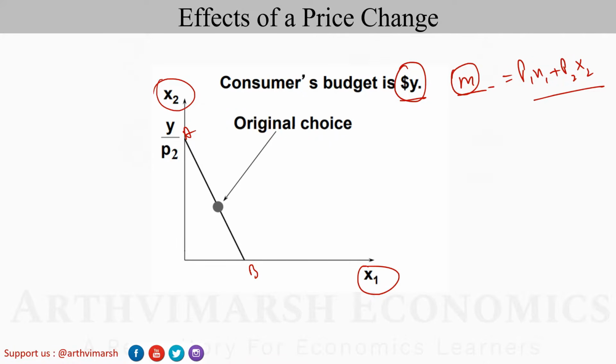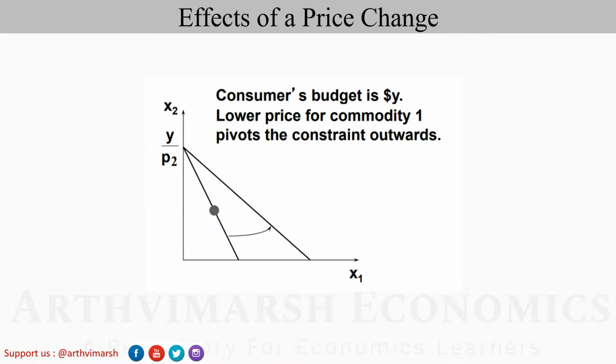So we have this original setup where our optimal choice is at a point like this on the budget line. Simultaneously, when the price of the X1 commodity decreases, we witness a shift towards this side.